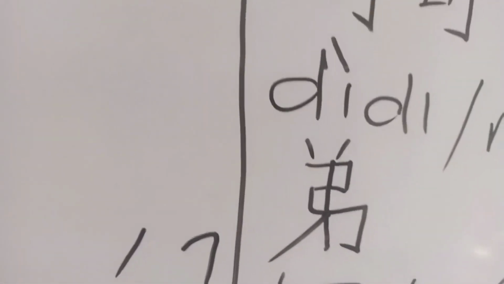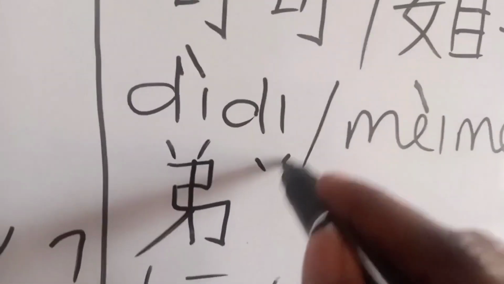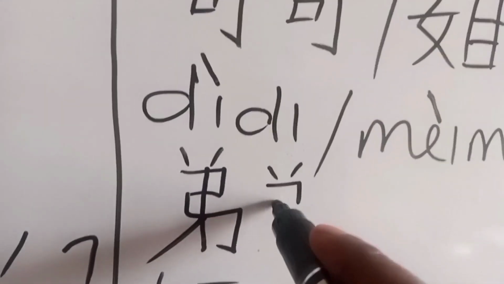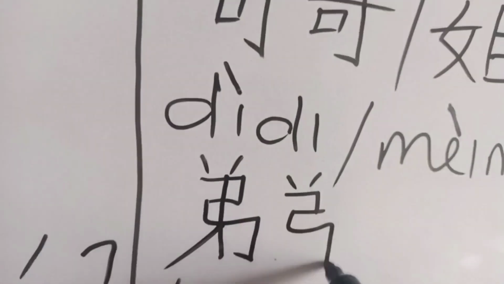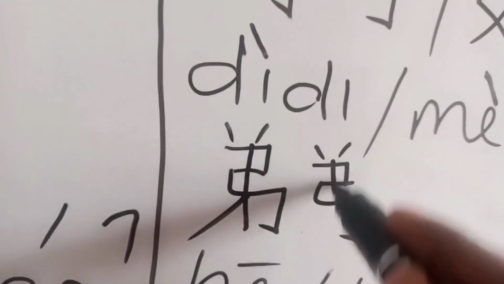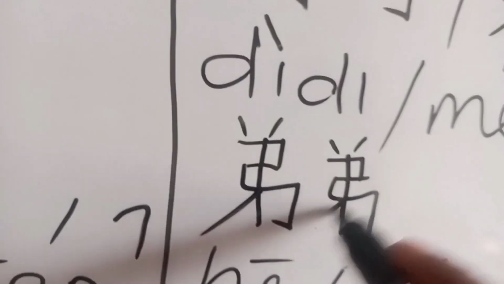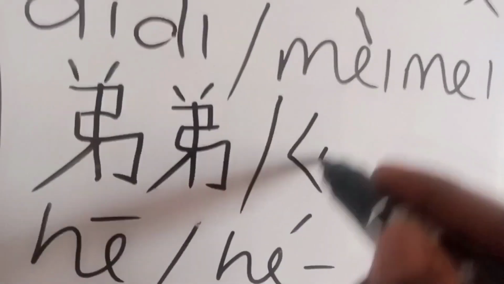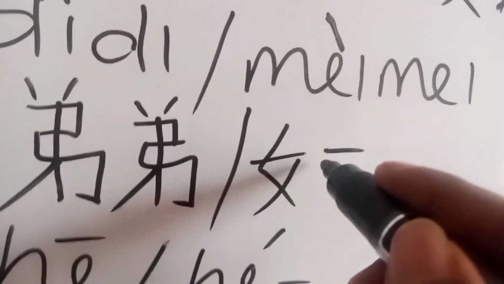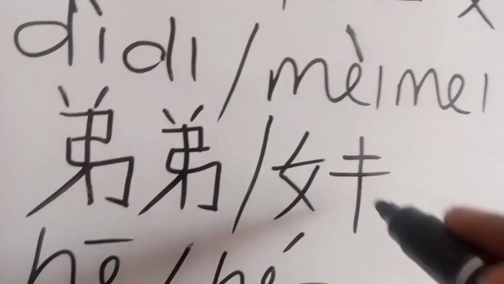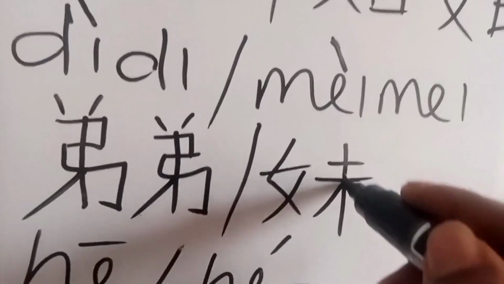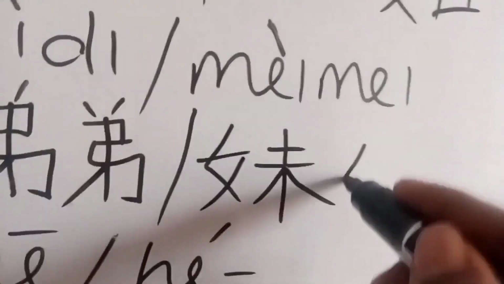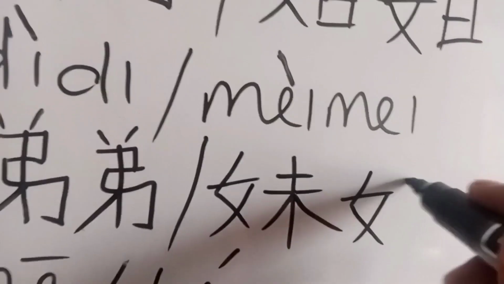Bring this down and take it like this, you repeat it. You see that you don't do much work, you are repeating the characters. Didi. Meimei. This is meimei. You repeat it. Mei.